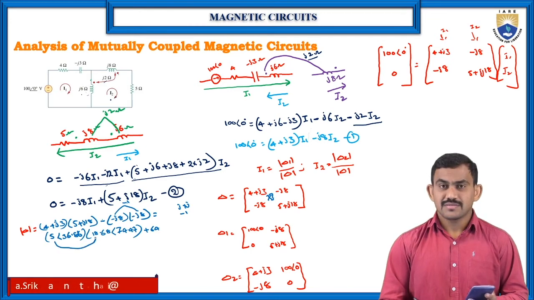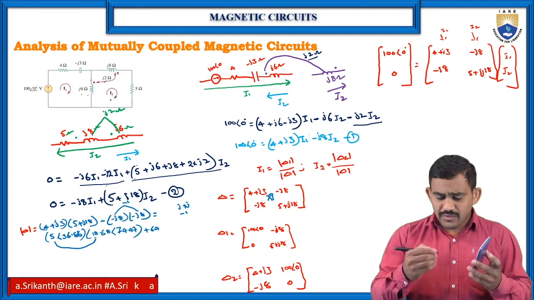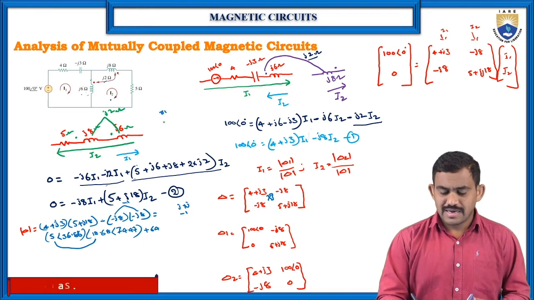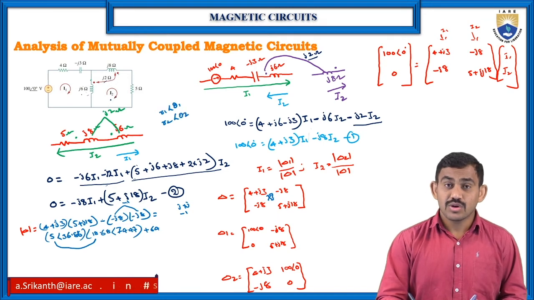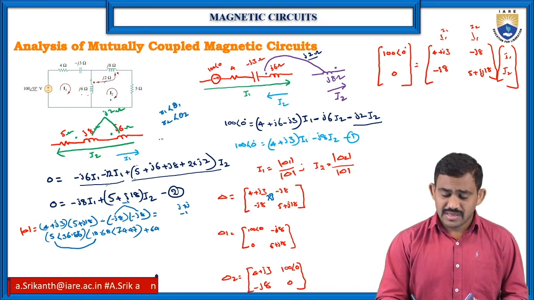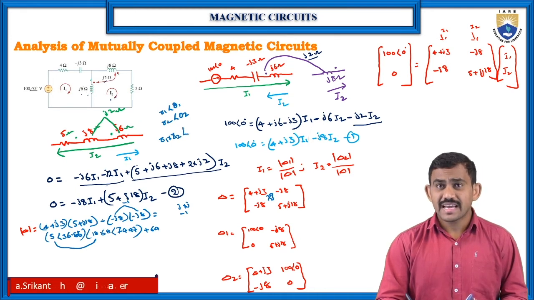Now let us solve this. When two values have angles, suppose R1 angle theta 1 and R2 angle theta 2, both in multiplication position, the equivalent value is R1 into R2 and the angle is theta 1 plus theta 2.